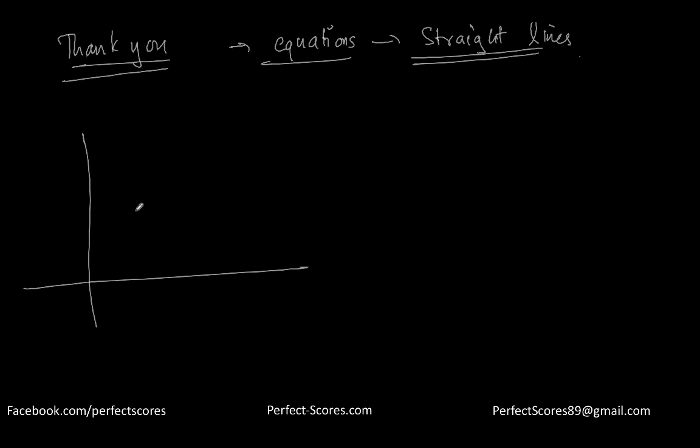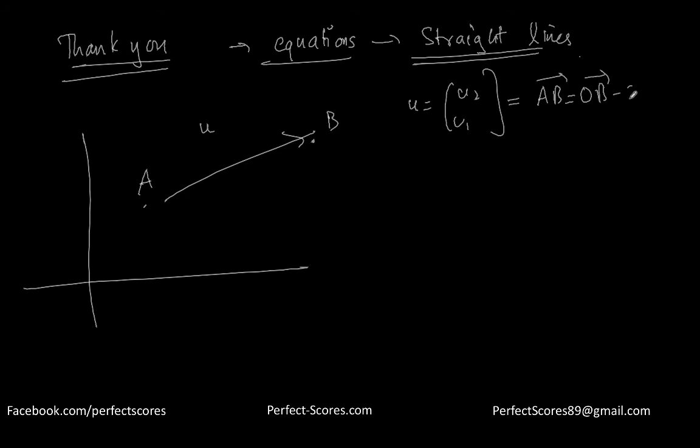Just to summarize this, if you have this point A and this as point B and this is vector U, then you can say that vector U is (u1, u2), which is basically vector AB, which is basically vector OB minus vector OA. Another thing is that vector A is represented as (x1, y1), and any point R, vector OR, is actually represented as (x, y).